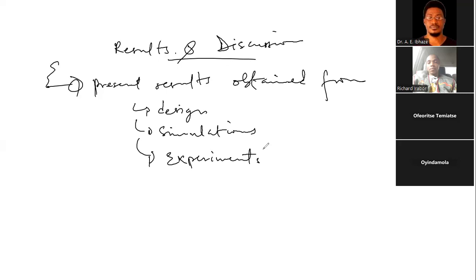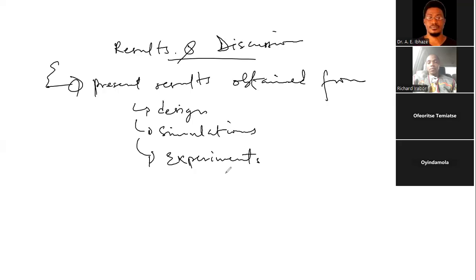So we talked about the 3 different types of research based on what we do in our last meeting, how to draft the methodology. So now that you have completed the research, you now have results, meaning you can now evaluate the performance of whatsoever you may have done.